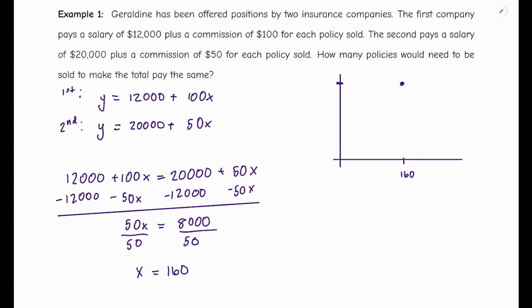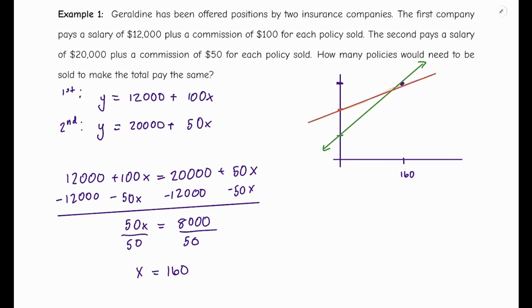Well, the first equation, which I'll do in green, has a y-intercept of 12,000. So let's say 12,000 is right here, and then it goes through that point. And then the second one has a y-intercept of 2,000, and then it goes through that point.